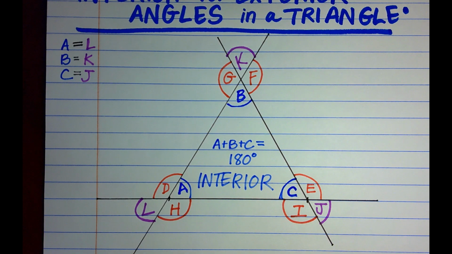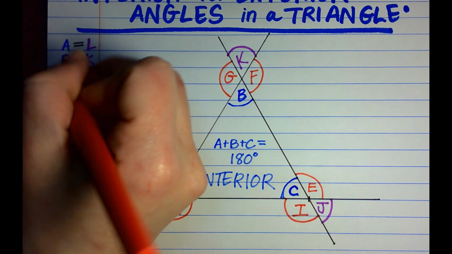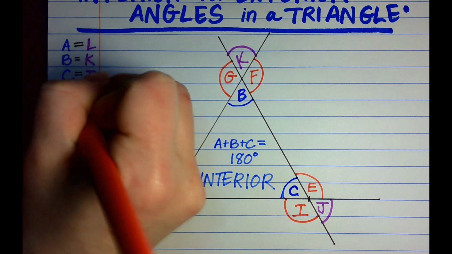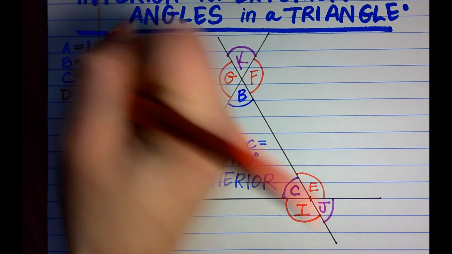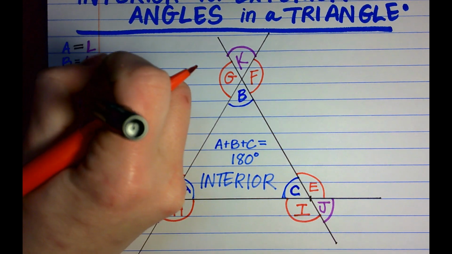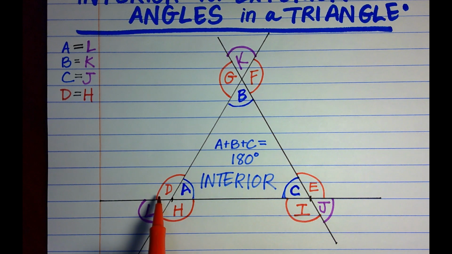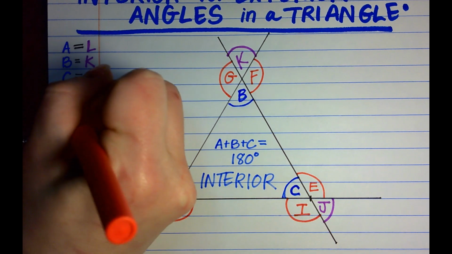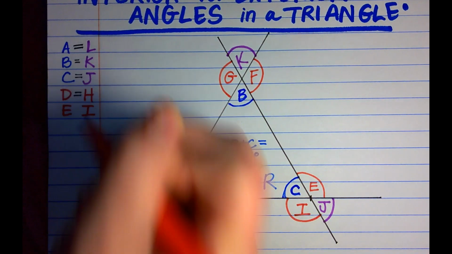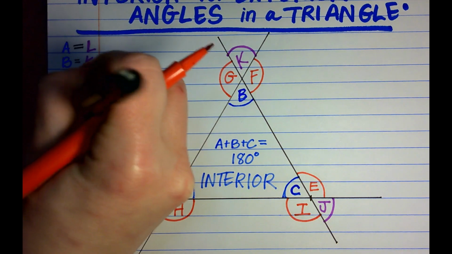Now let me ask you this. Are there any other pairs or sets of vertical angles that are equal to each other? E equals H. All of these red ones. D equals H. So A, B, C, D, and H. What else? E equals I. They're equal. What else?